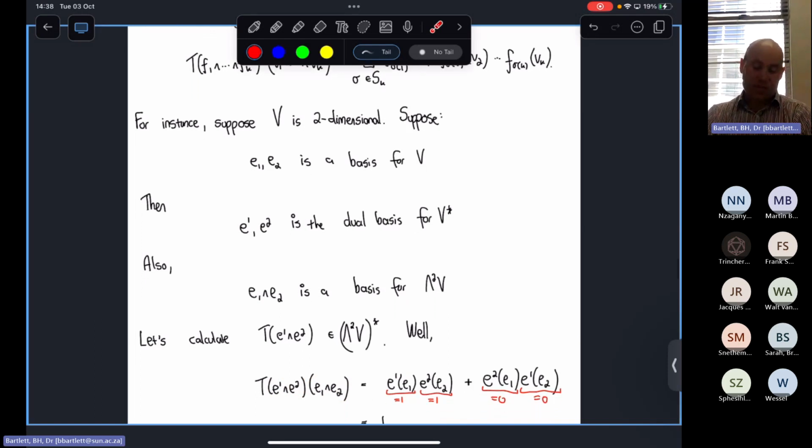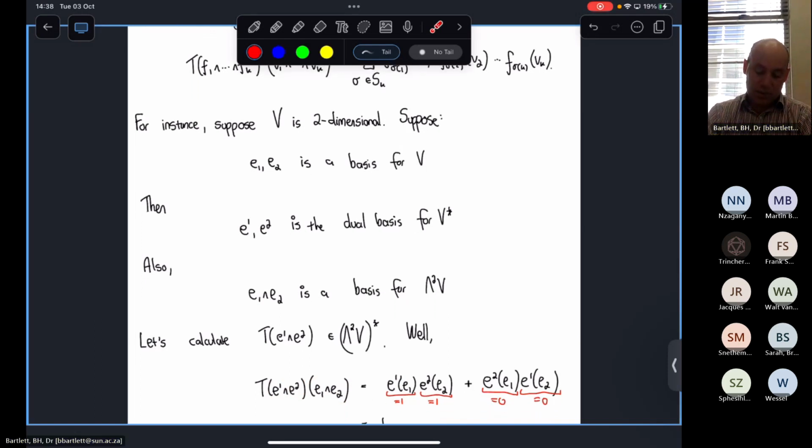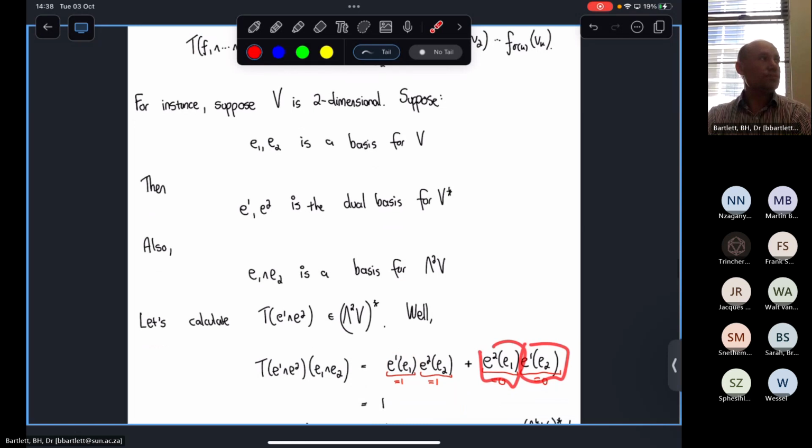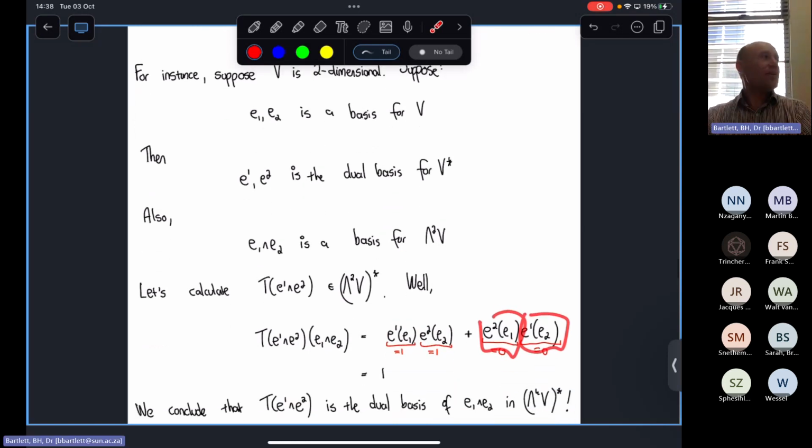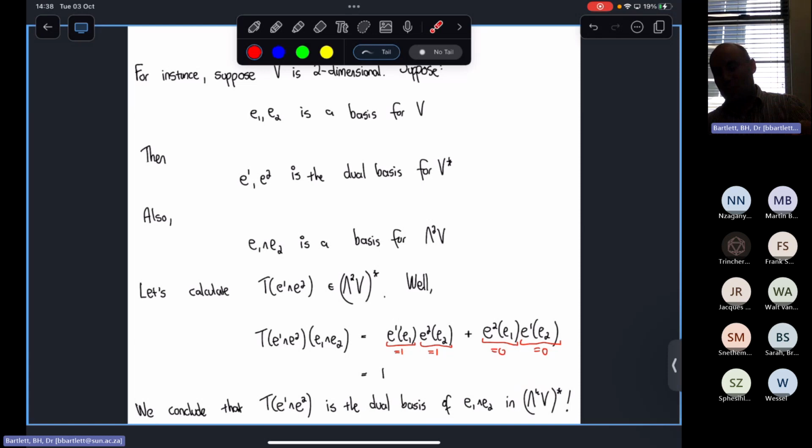Now, if we think of what's going on here, this term is 1, this term is 1, whereas this is 0 and this is 0. So what do we conclude? We conclude that under this isomorphism, if you apply it to the wedge of the dual basis vectors, you get exactly the dual basis of the wedge basis.